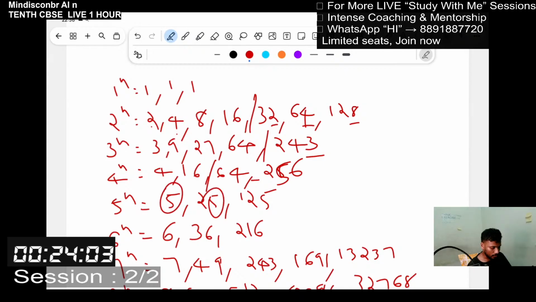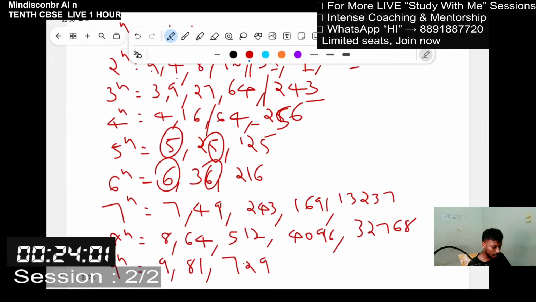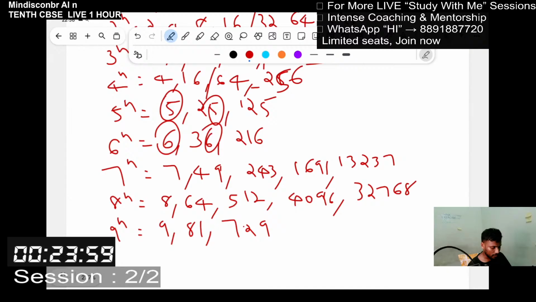And 6 raised to n always ends with 6. For 7 raised to n, it ends with 7, 9, 3, 1, then repeats. For 8 raised to n, it ends with 8, 4, 2, 6, then the pattern repeats. For 9 raised to n, 9, 1, then the pattern repeats.